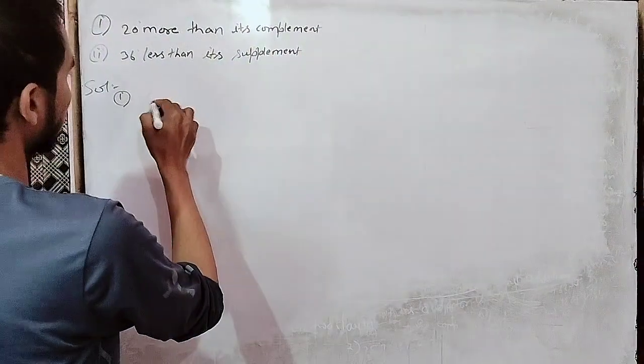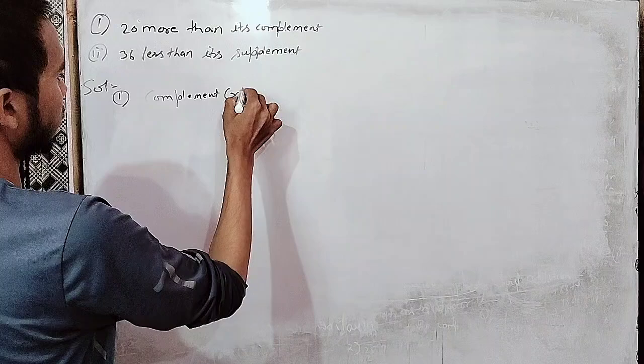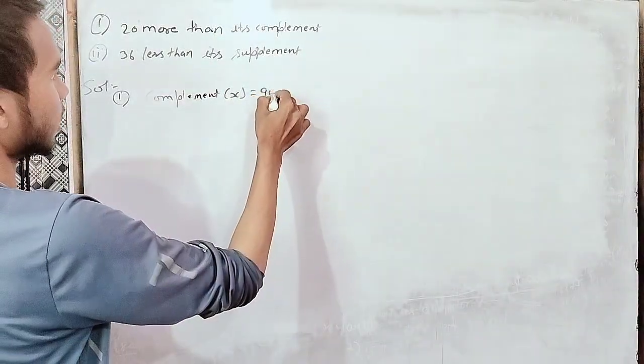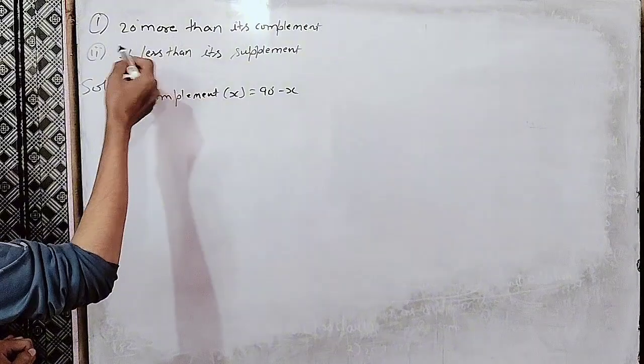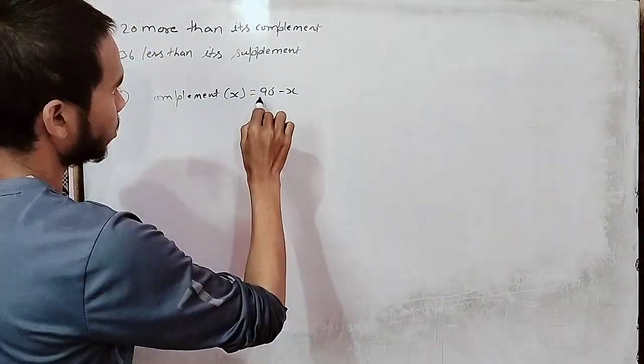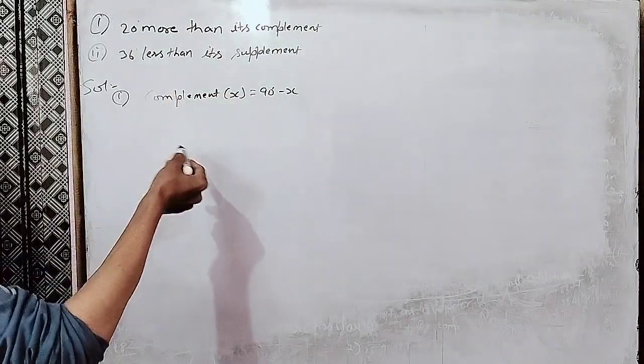So the angle is 20 more than its complement. First of all, the complement: to find the complement, we take 90 minus x. Now it is saying 20 plus 90 minus x. This is our statement.